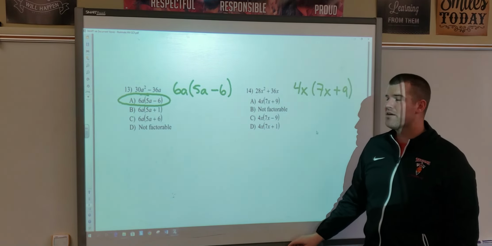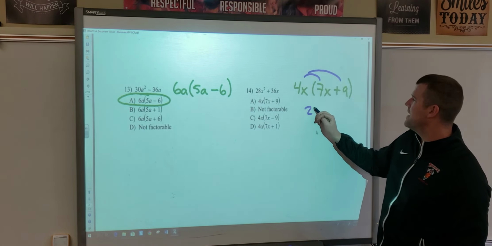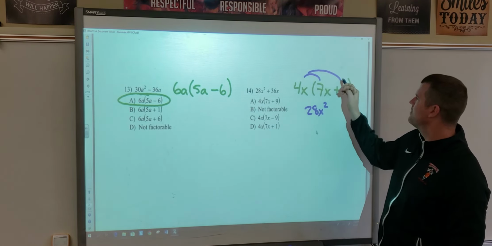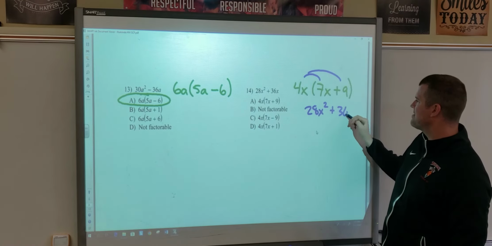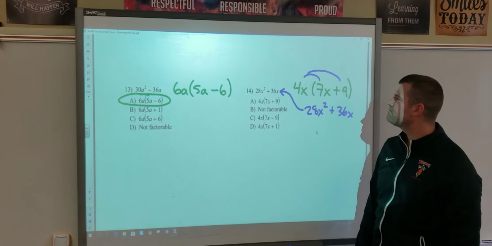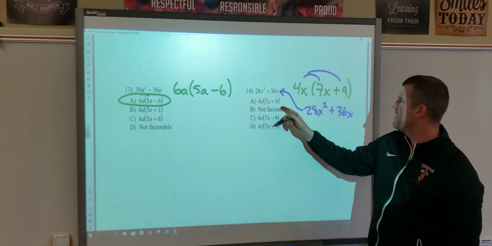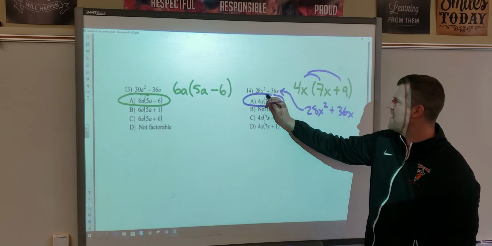So again, I can check my answer by distributing. That's 28x squared plus 36x, and that should always be what we started with. And it is, so I'm feeling pretty good. 4x times 7x plus 9.